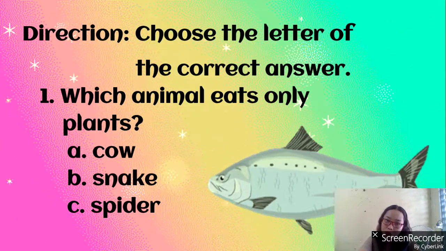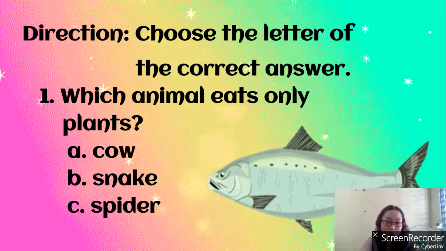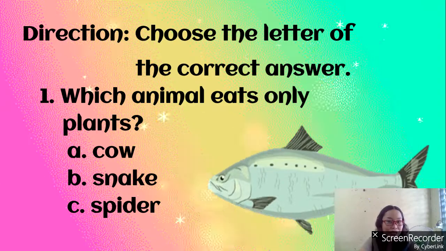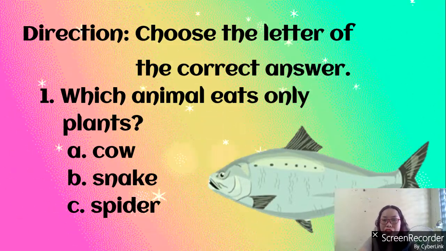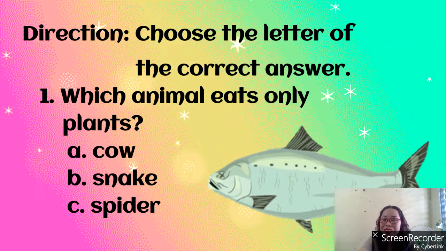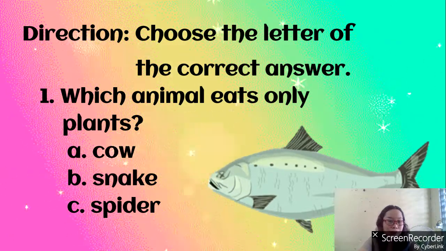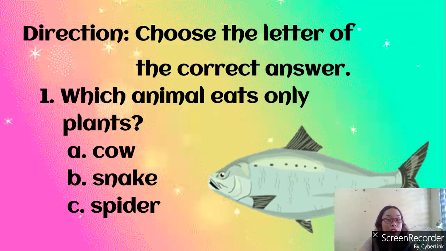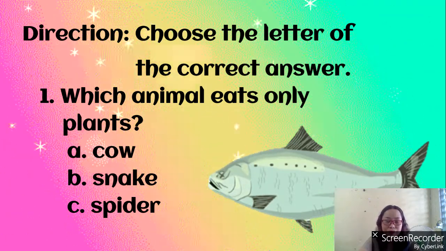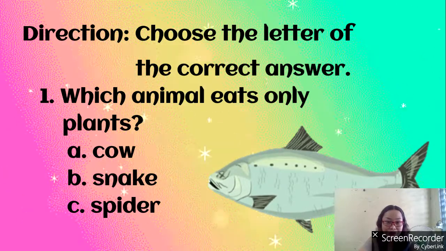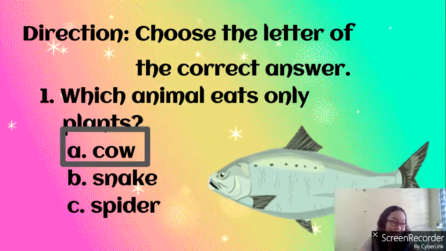Now, let's have a short assessment. You are going to choose the letter of the correct answer. Question number 1. Which animal eats only plants? A. Cow, B. Snake, C. Spider. The correct answer is A. Cow.